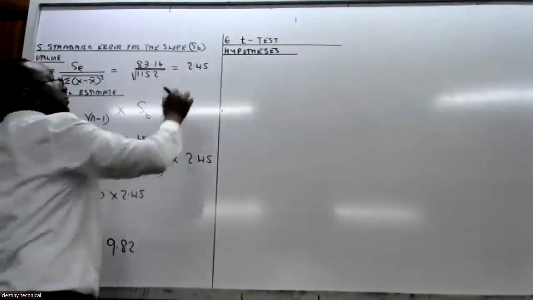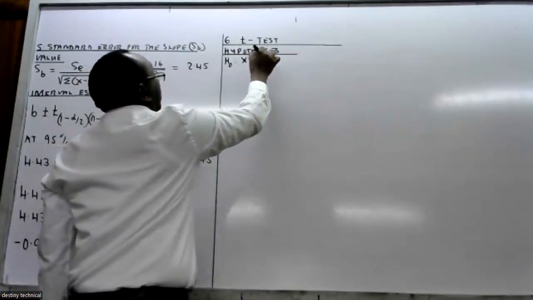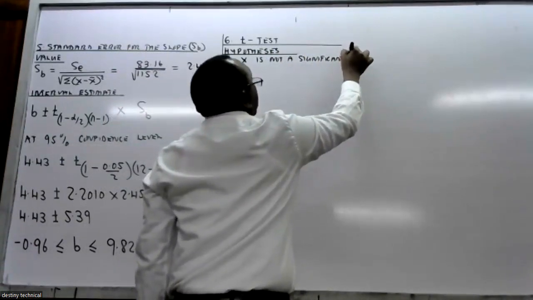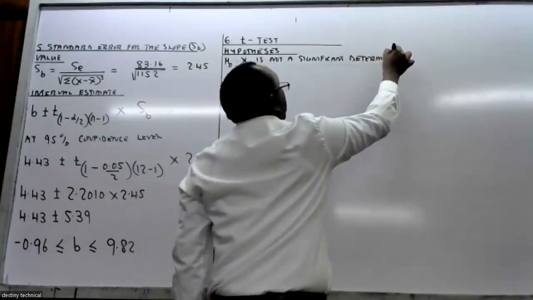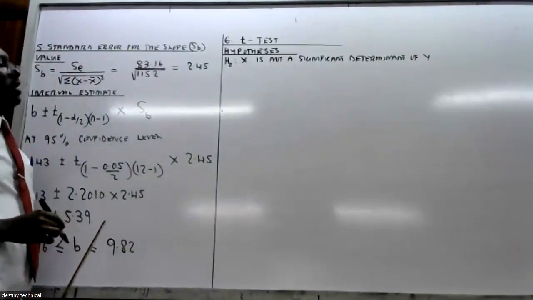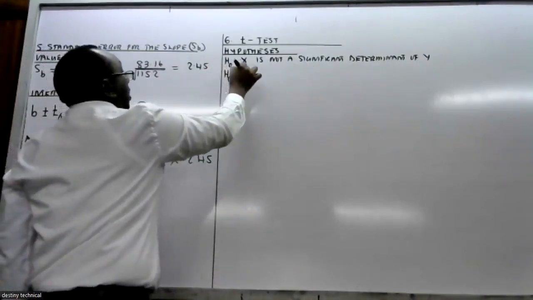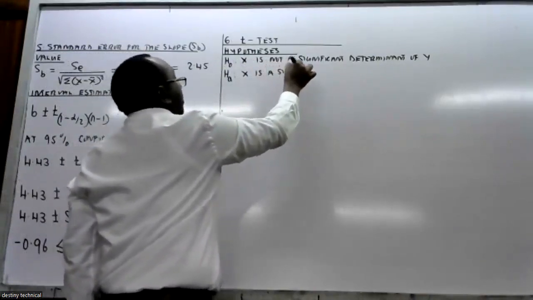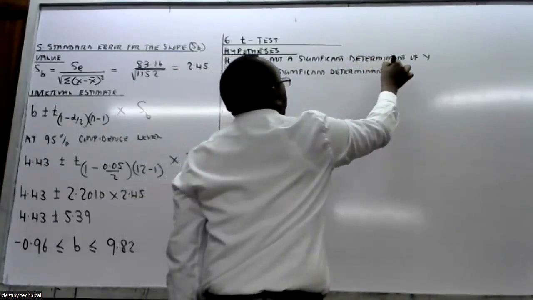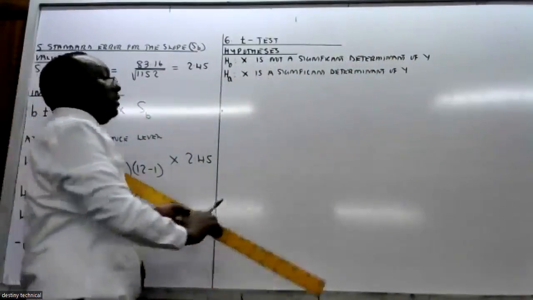In the hypothesis, H0, we normally say X is not a significant determinant of Y. Then when we come to HA, we say X is a significant determinant of Y. In other words, it is something that you can rely on to tell the values of Y.